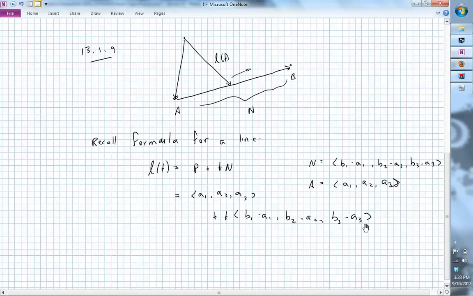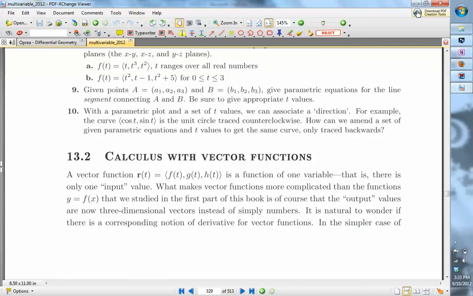So there's a line that goes through the points A and B, but it does so much more, right? It goes off to infinity in both directions. And if you read this problem carefully, it says, give parametric equations for the line segment, even emphasized. Be sure to give appropriate t values. What are they talking about with appropriate t values?